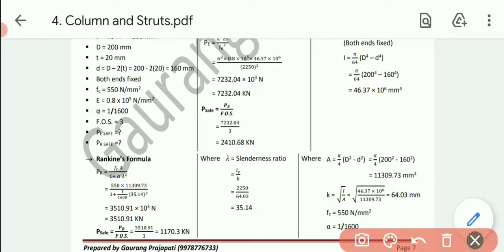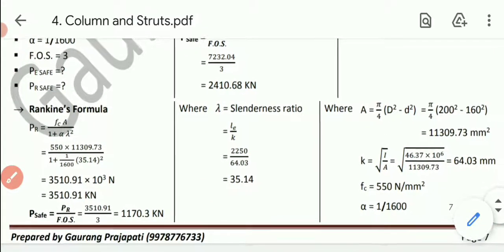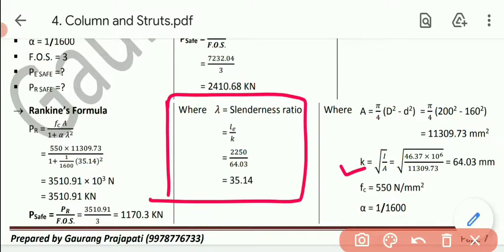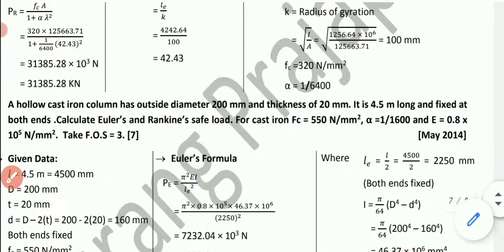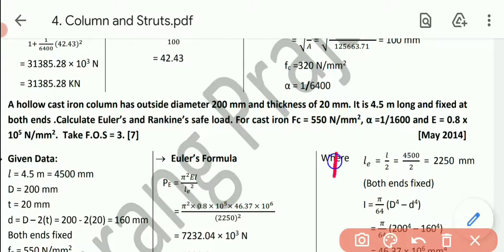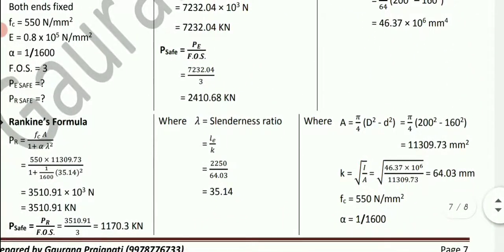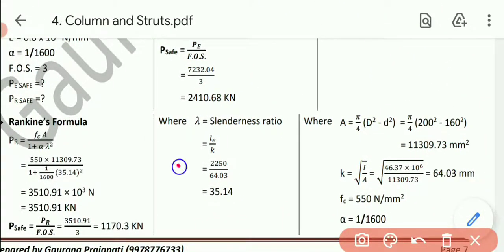Once I get the value of k, I can easily calculate lambda, LE by k. LE is 2250. Let's put down the values: LE is 2250 and k is 64.03. So I will get the answer 35.14. That's the answer for lambda.